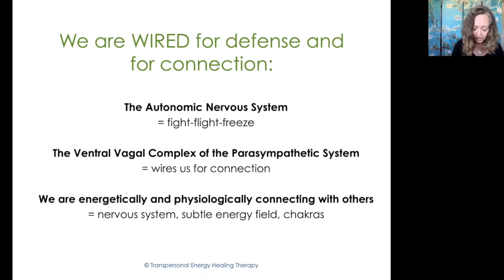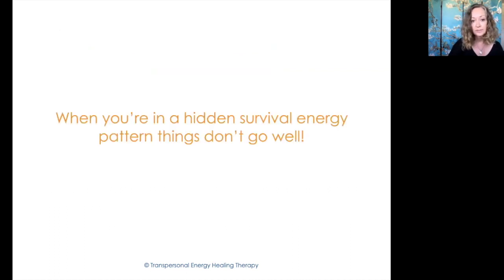We are energetically and physiologically connecting with others via the nervous system and the subtle energy field and our chakras. We feel safe with other people when they are calm and grounded, and we don't feel safe around others when they are in a defensive pattern. So let's just face it, when we're in a survival pattern, things don't really go very well for us in life.